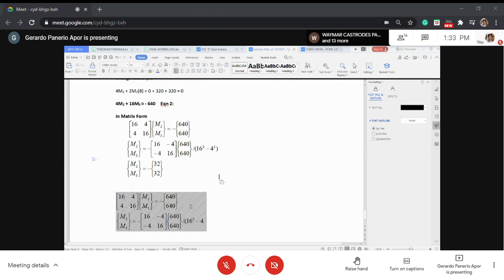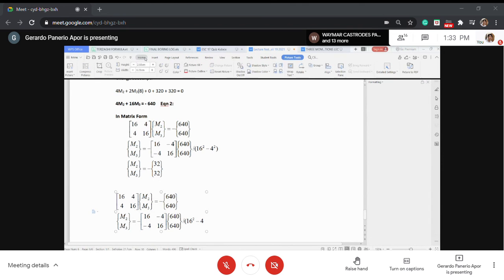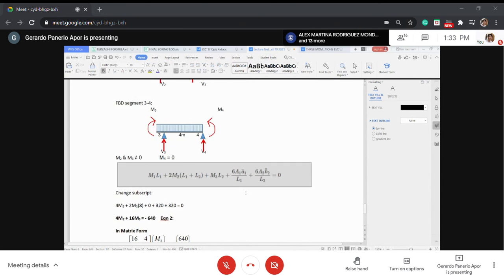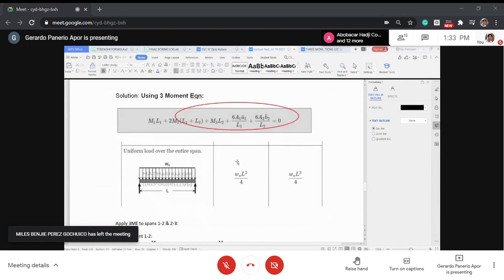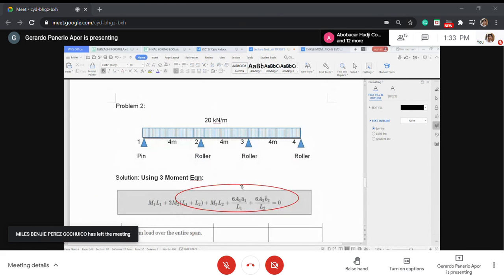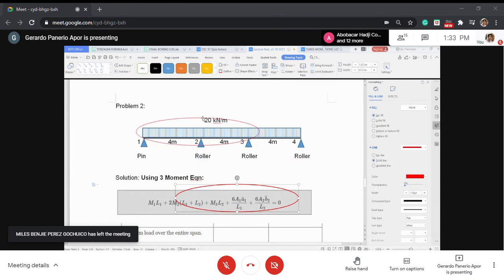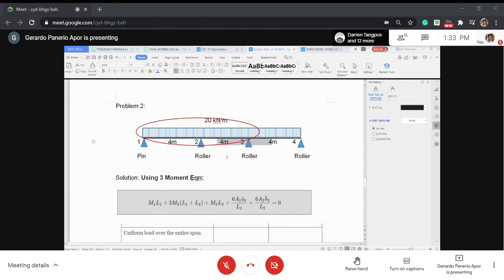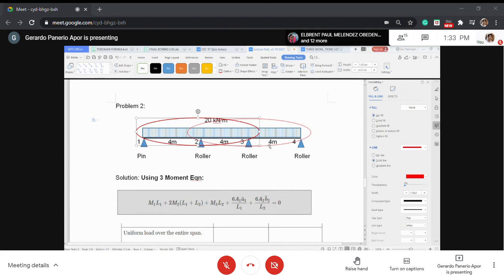Okay. So that is how you are going to do it. If you have a problem like this, first you perform the three-moment equation here, then next you perform a three-moment equation by moving this forward, because the three-moment equation involves only two spans. So even if this is longer, you just continue going.